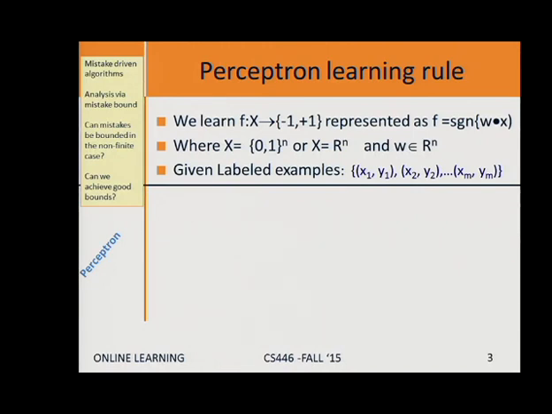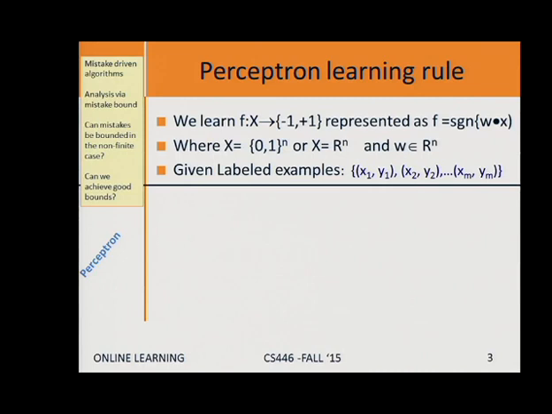We actually proved that for the finite hypothesis class case, a generic algorithm can be bounded in terms of the number of mistakes. You remember, hopefully, that we discussed this. It's a natural question whether this is a general thing. Can we say the same thing about cases where the hypothesis space is infinite?